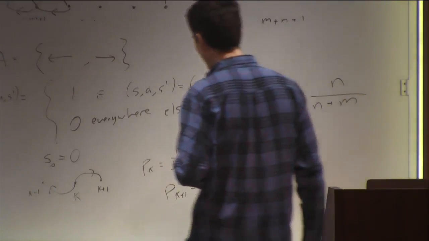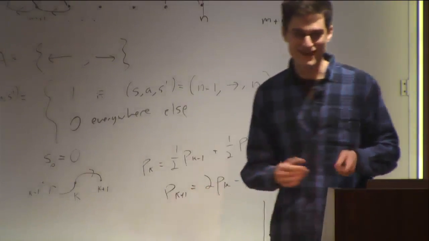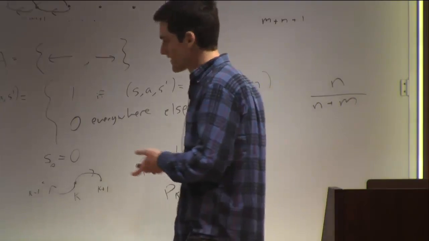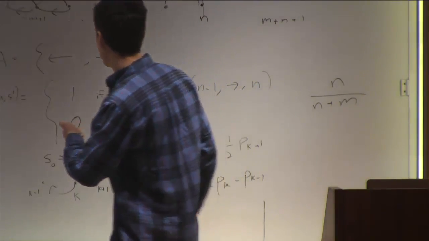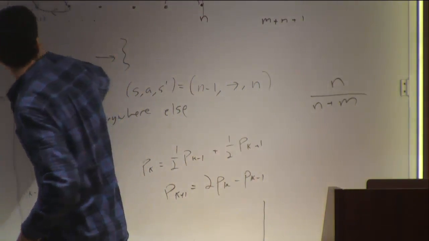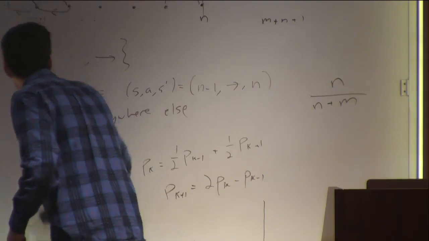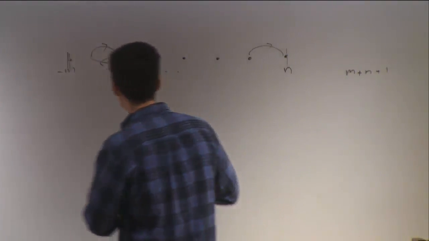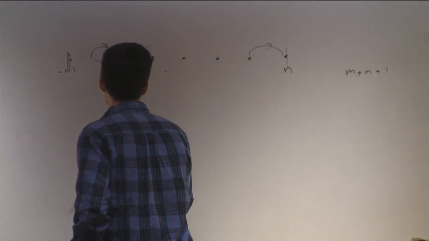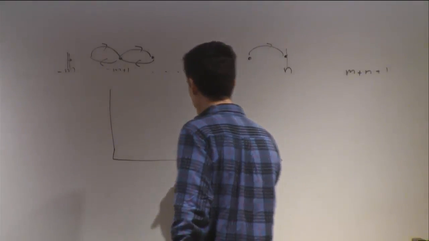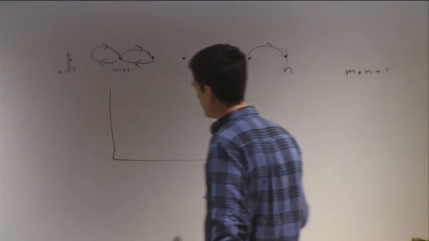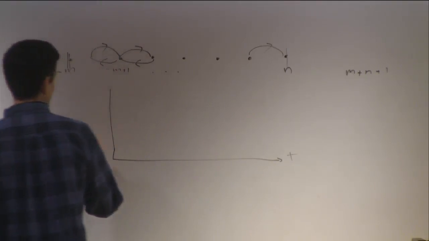But now let's talk about rewards and shaping. Let's talk about this as an MDP. I'm going to erase the board. Let's put time on the x-axis, and on the y-axis, let's put position.